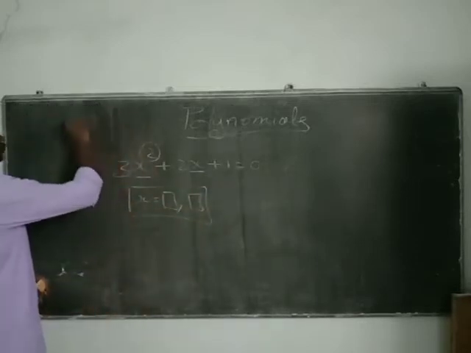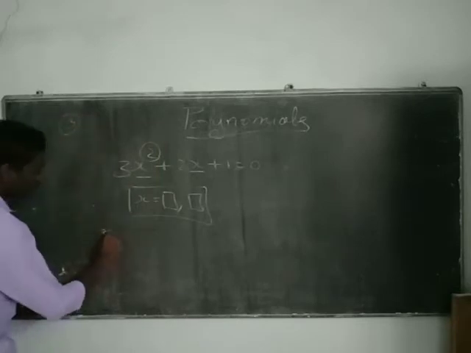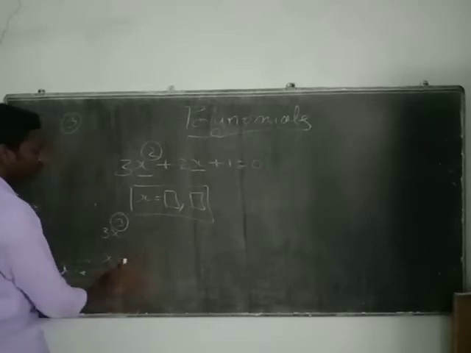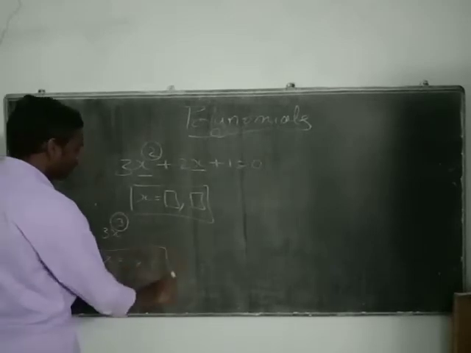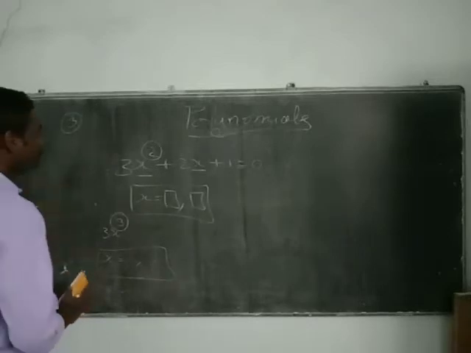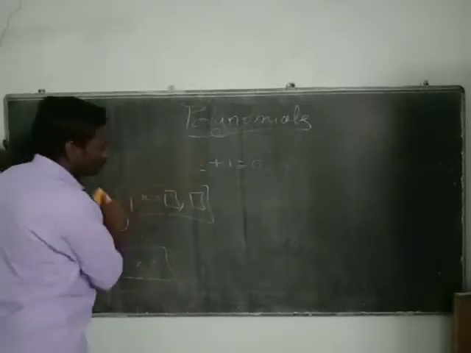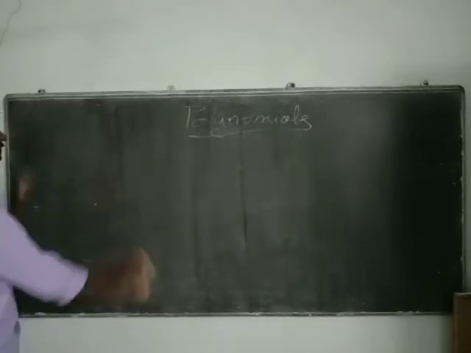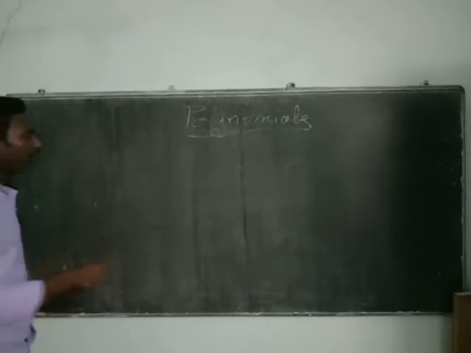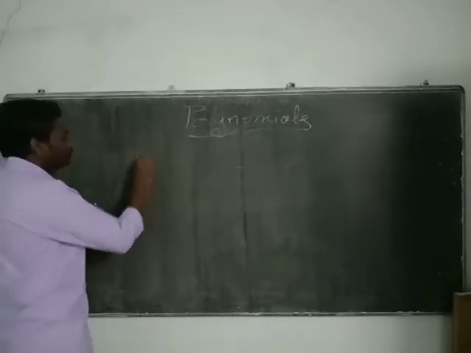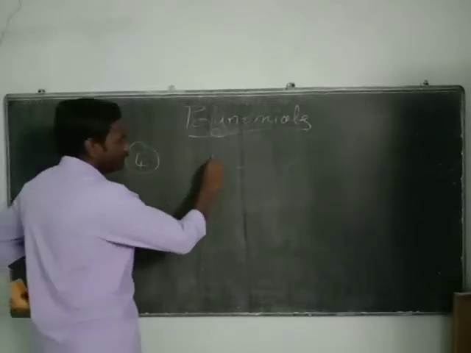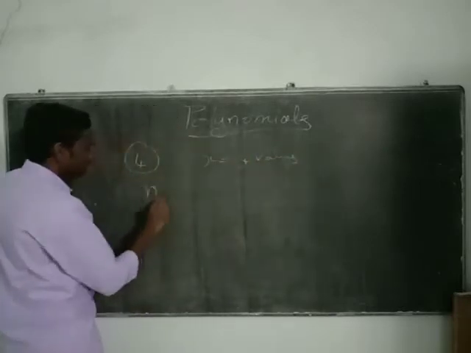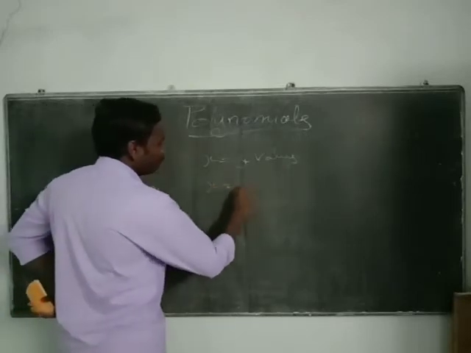If it is a cubic equation, 3x cube, then x will have 3 values. So you have to remember that whatever the degree of the equation, the answer will also have the same number of values. If it is a fourth degree equation, then x will have 4 values. If it is of nth degree, then x will have n values.